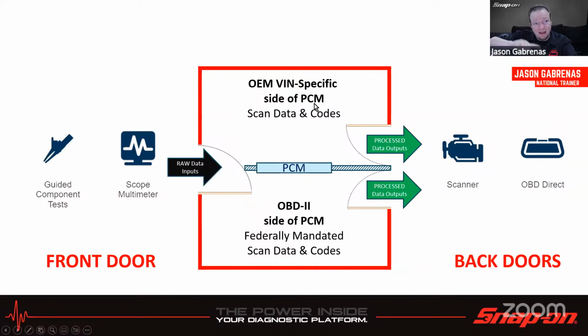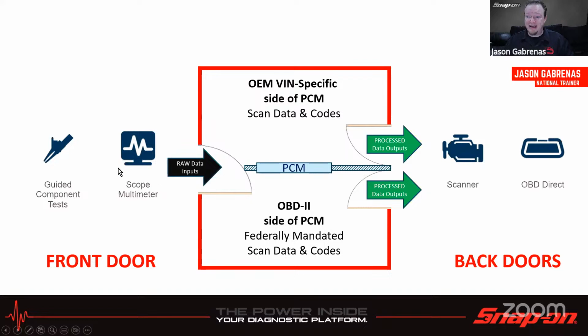We can also break through this wall and go on both sides. I'll show you that when we go live on the tool. And then to get into this OBD2 side, you would need to go in under OBD Direct in order to get all that information. You can get some of the information in scanner, like I said, we'll talk about that in a minute. But two different processors, basically, two different sides of the tool, two different icons on the tool to use, right?